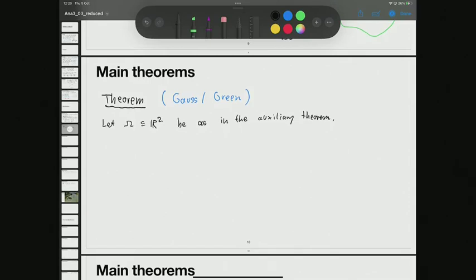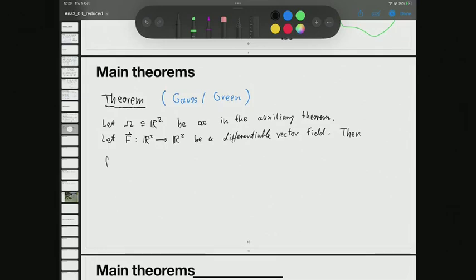And let's suppose we have got a differentiable vector field f. So we want to take derivatives of the vector field. Then the two main results in vector calculus in two dimensions are the following.